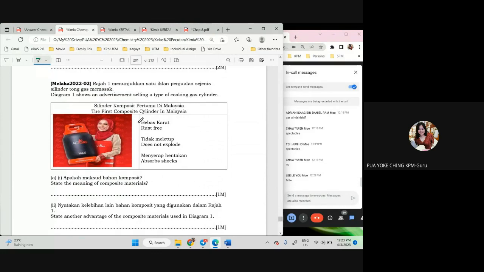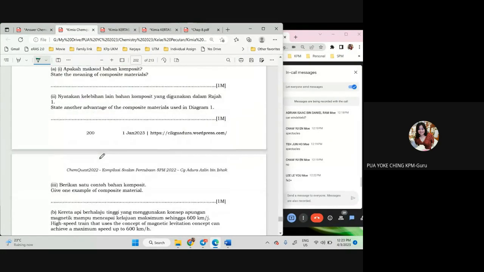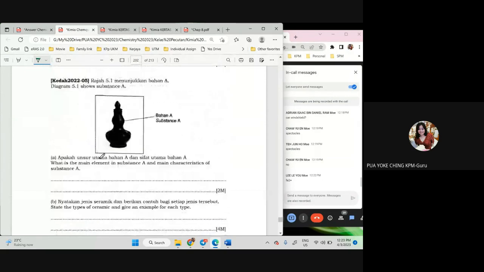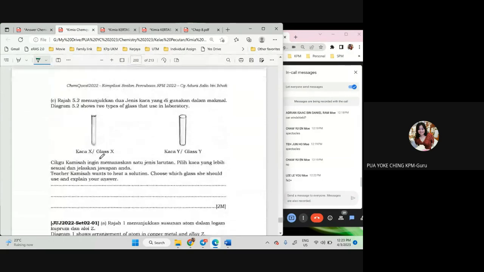This is a real thing, not made up. So actually you can read through it and get a lot of information. Chapter 8 is a chapter where you need to be very clear what material the question is asking. Okay, if you know what material it is asking, then only you can answer.